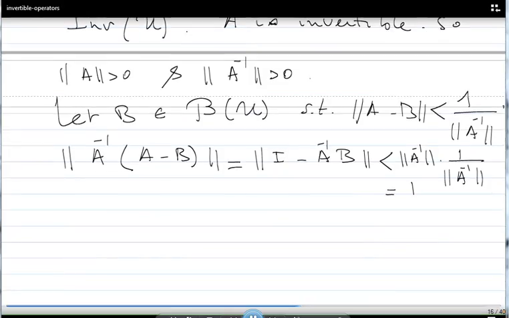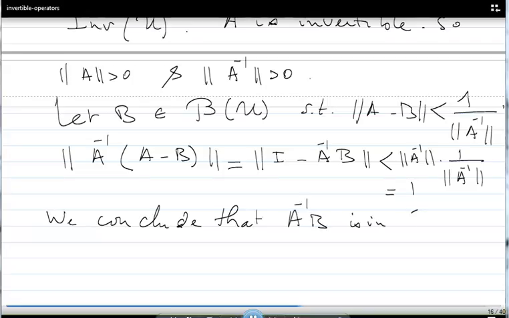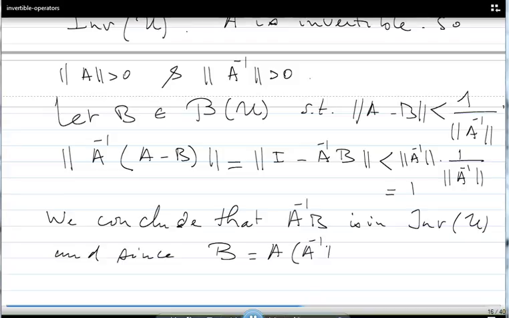So from the previous results, we conclude that the operator A inverse B is in Inv(U), so it's an invertible operator. And since B is equal to A times A inverse B, B is also invertible.